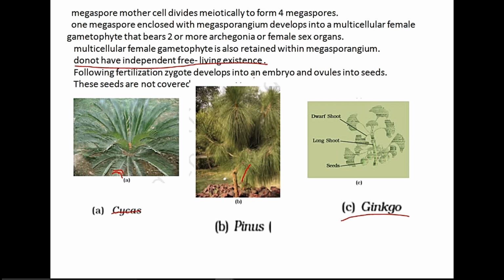Cycas shows both siphonogamy and zooidogamy because male gametes are multiciliate but carried by the pollen tube. In others, male gametes are non-motile and the zygote develops into an embryo and ovules into seeds. These seeds are naked and not covered by the fruit wall.